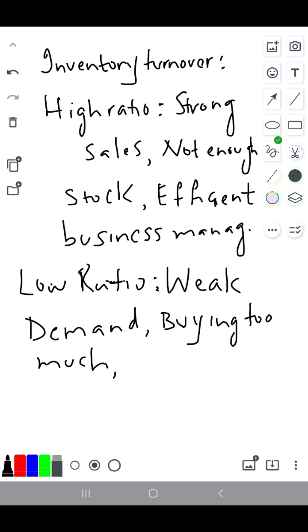It could also mean you have products that have gone out of trend, such as electronics, for example. So let's say your inventory has gone out of trend, as a result of which you have a lot of inventory and low inventory turnover. So it has to do with trend and demand.